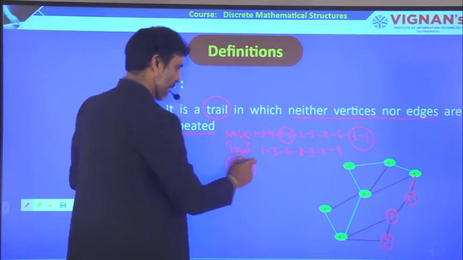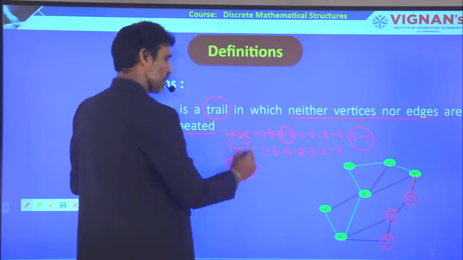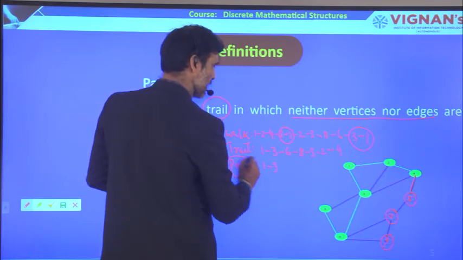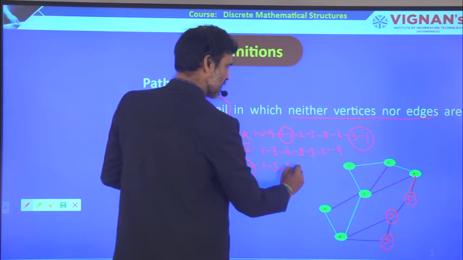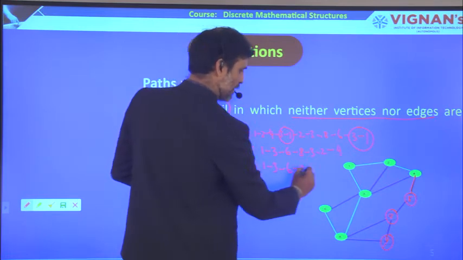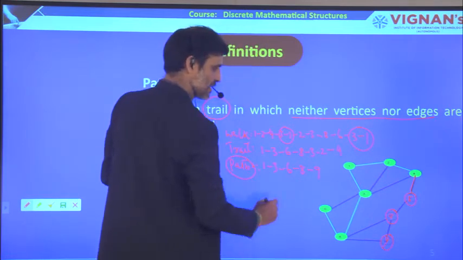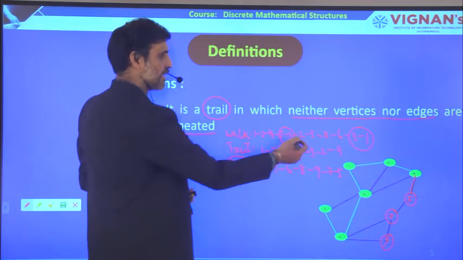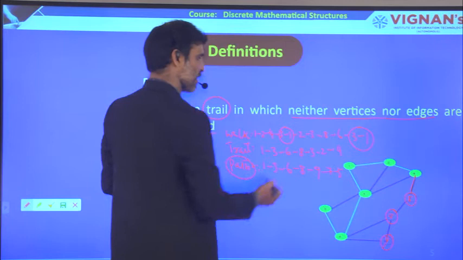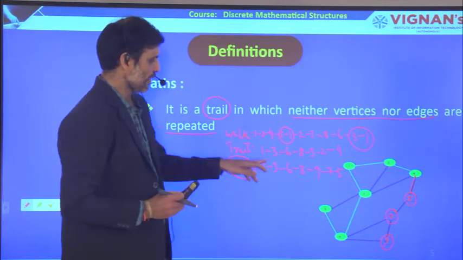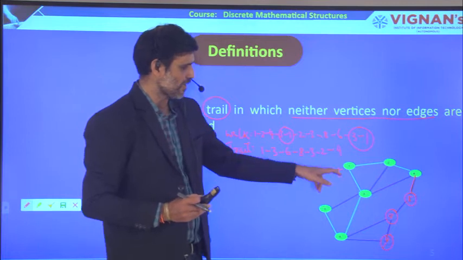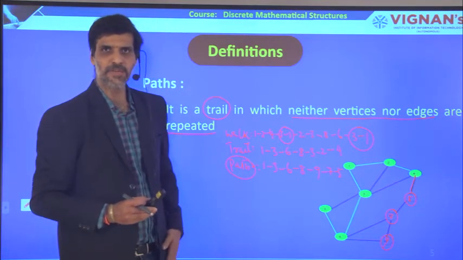Now coming to the path, what will happen? Suppose you start from 1: 1 to 3, 3 to 6, 6 to 8, 8 to 9, 9 to 7, 7 to 5. Now you can extend it to 5 to 4 also.